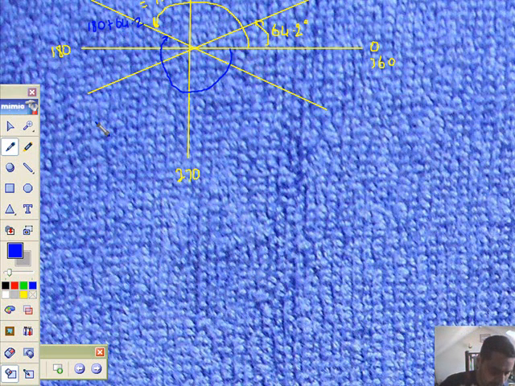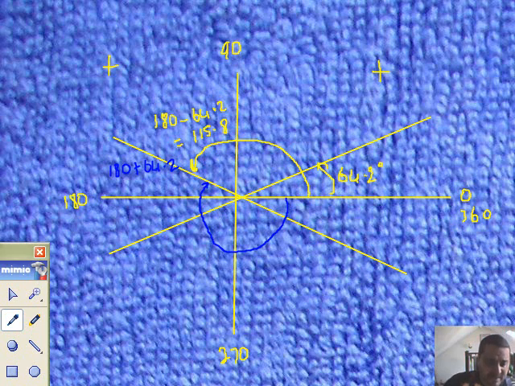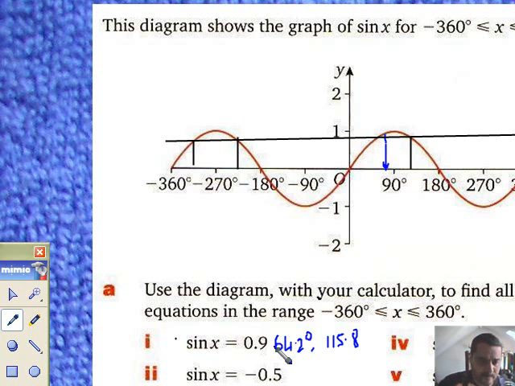So here we go, 180 plus 64.2 gives us a solution of 244.2 degrees, and that's my next solution there. Let's write it in blue, 244.2 degrees. These are all degrees, of course. Don't have an awful lot of space, do we?